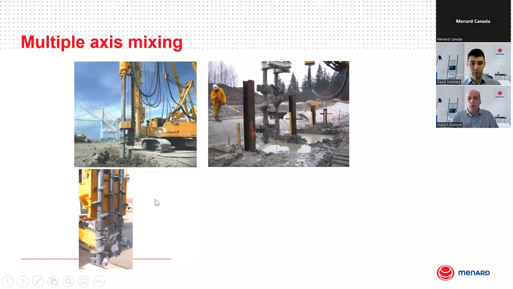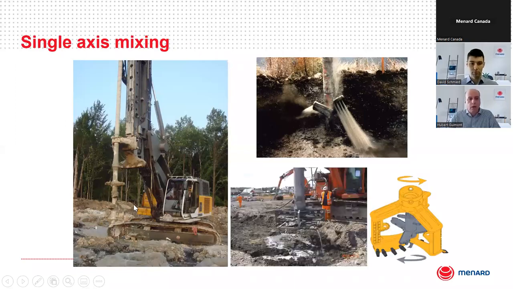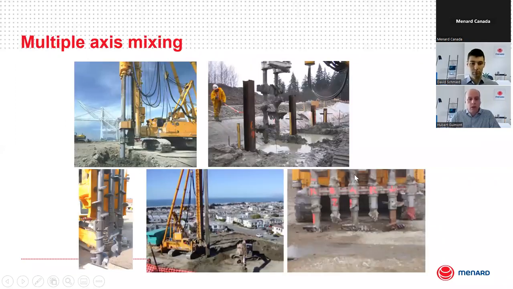So that's most typically when you want to do linear geometries, right? So of course that type of equipment has limitation in terms of size of material it can mix. It's a bit more sensitive than, let's say, a single auger mixer like this one. So you have multiple augers like that example here.